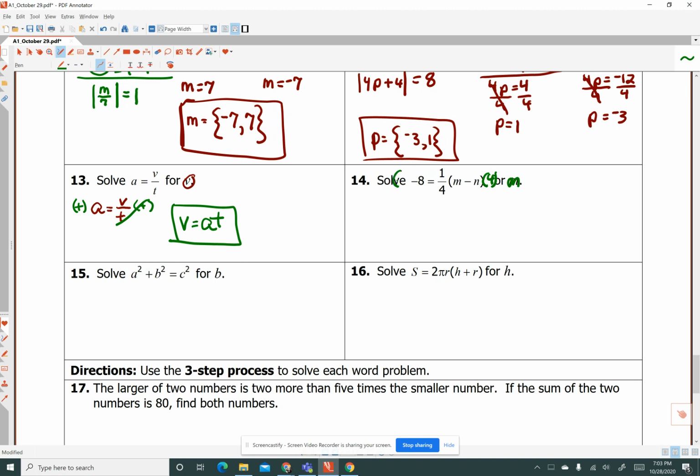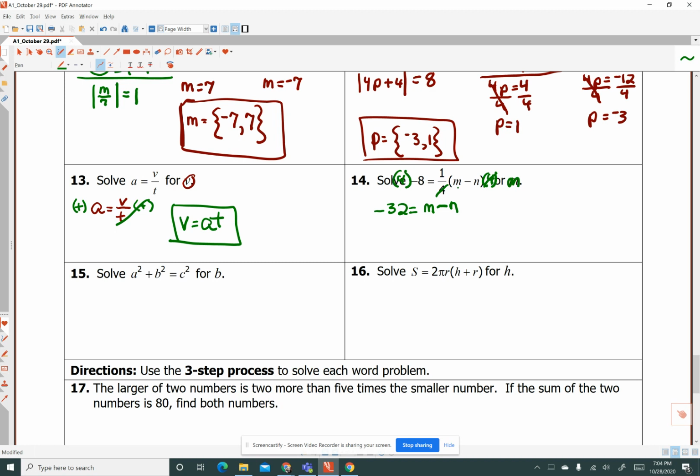There's a couple ways to handle this, but I'll do it this way. So on the left side of the equation, I have negative 32, because a positive times a negative is a negative, equals m minus n, because I cleared the fraction when I multiplied by 4.